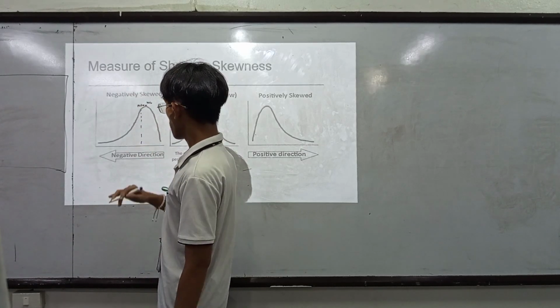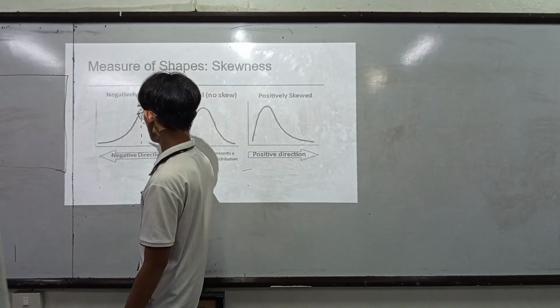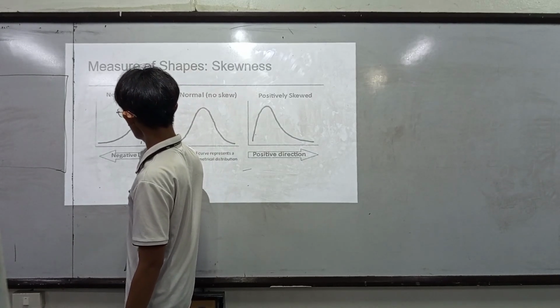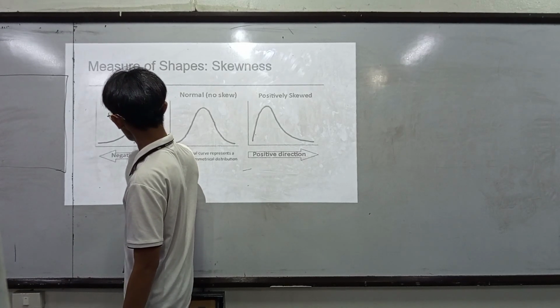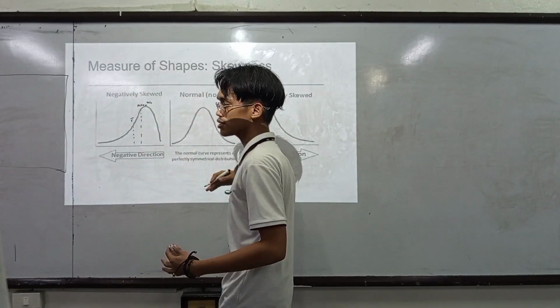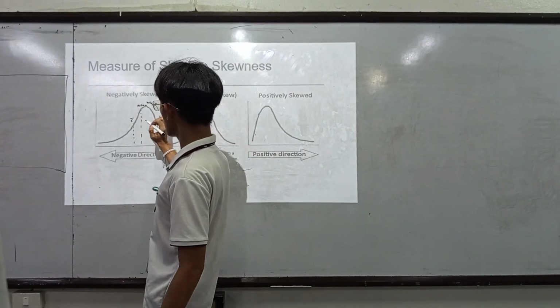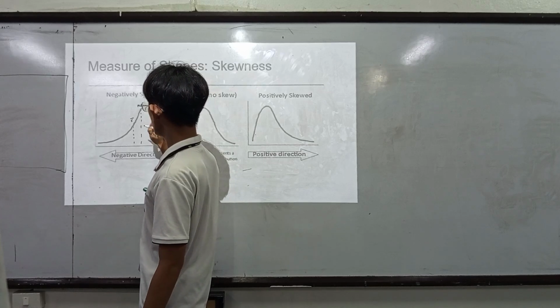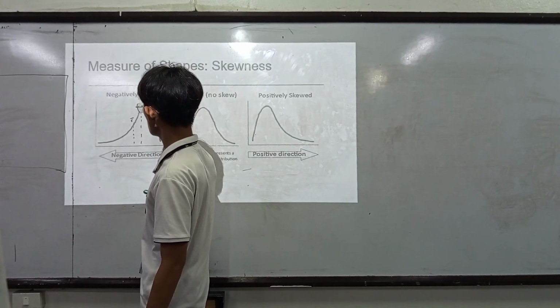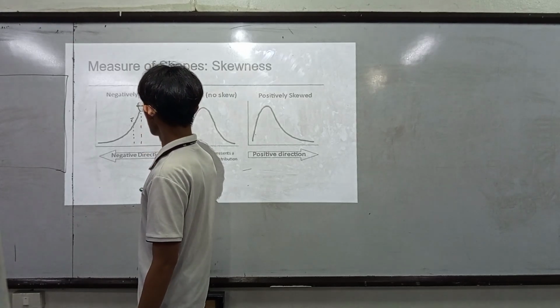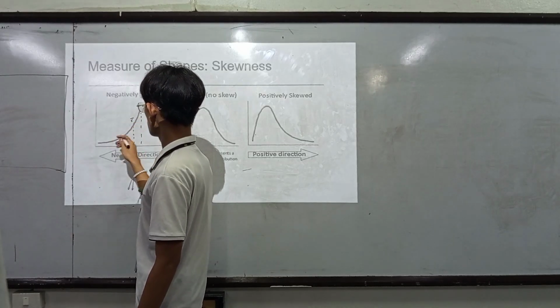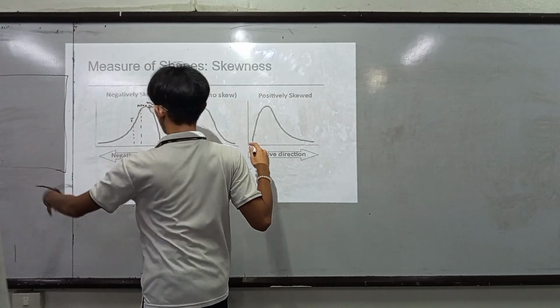Then the mean will be located here on the left side of your median. The mean represents negative skew because the mean will be smaller than the value of your median, and that is why the tail of the negative skew will be extended to its left.